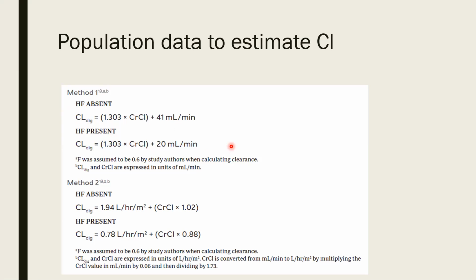If you compare these two formulas, when there is heart failure it is 41, and with no heart failure it is 20. So this 41 and 20 is actually the hepatic metabolism. It means when there is heart failure, there is a lower hepatic metabolism. Can you think why, if there is heart failure, the metabolism is decreased?